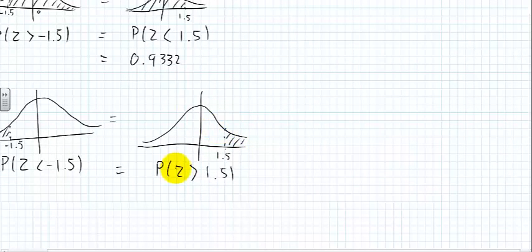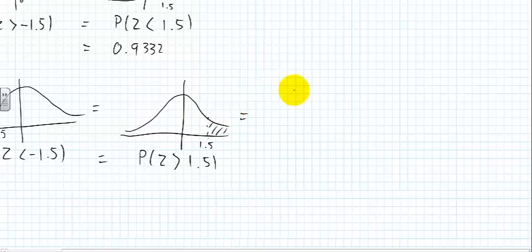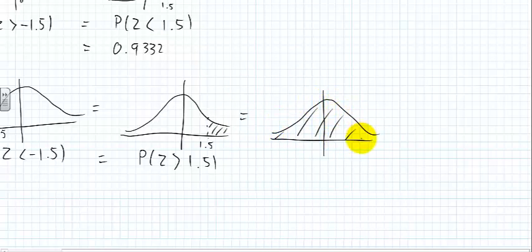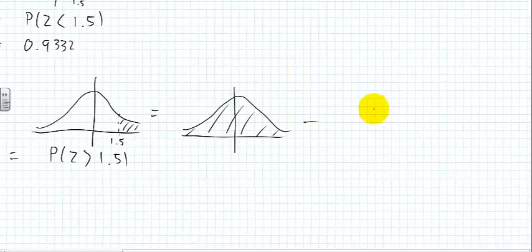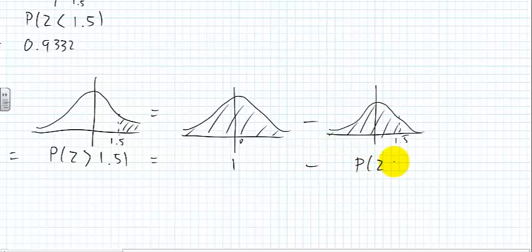Now still it's not in the less than positive form, so I'm going to have to use the 1 minus technique. So 1 minus the probability less than 1.5, which is 1 minus the probability of z being less than 1.5.